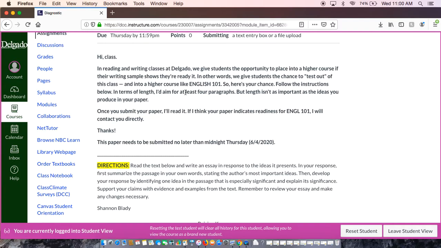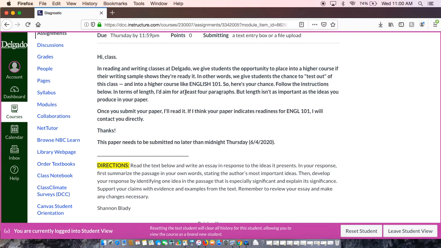A sign of good writing is that someone said something of value on paper. Someone could write 50 pages and never get around to saying anything of value. So again, don't focus on the length.